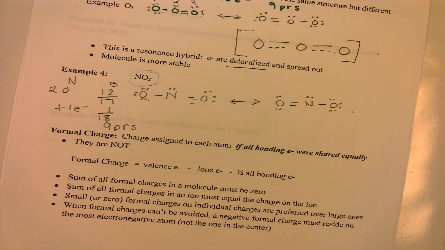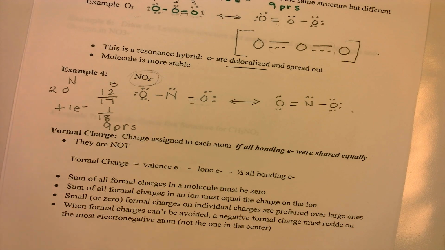Formal charge comes in when there is more than one possible structure for a Lewis dot structure. One of the structures will be more stable than the others. So you would ask, which one of these would it be? And how do we know?